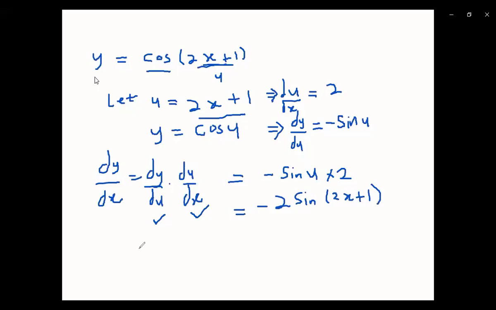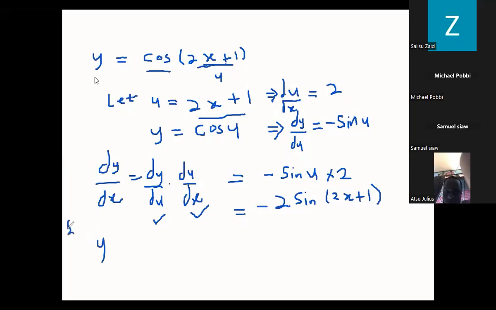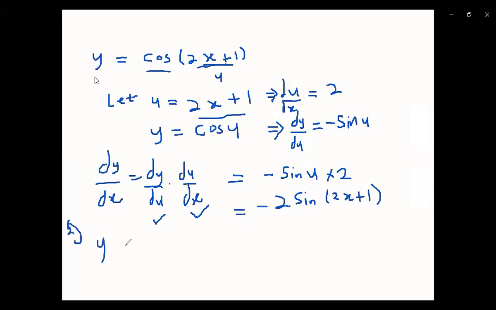Let's take another example, then I'll take your questions. So example 2, if you have y which is x cubed minus 5, all raised to the power 7, then we will let u be equal to x cubed minus 5.